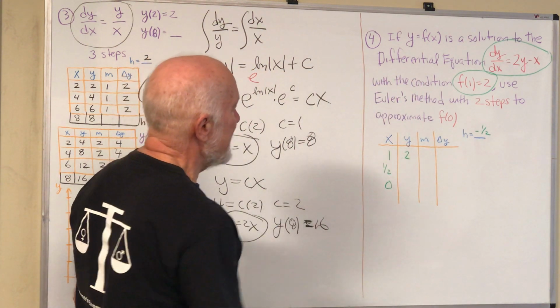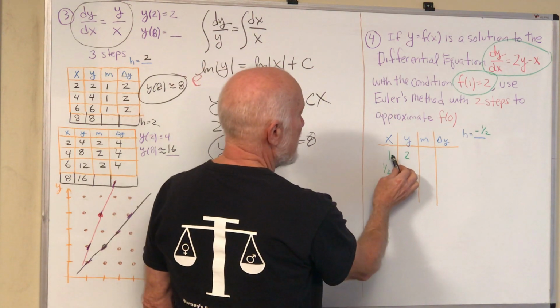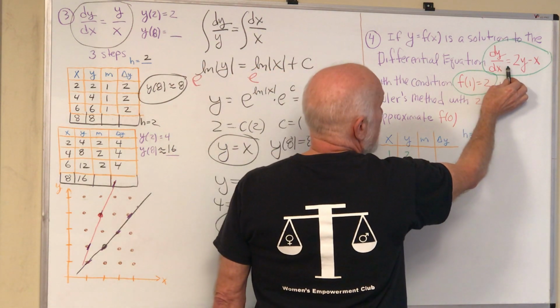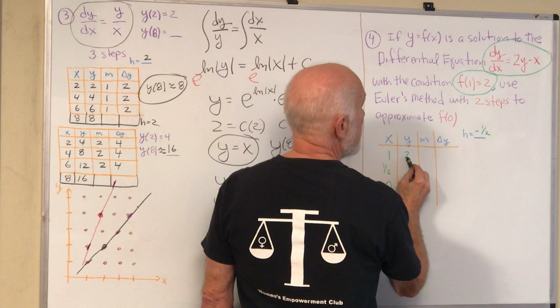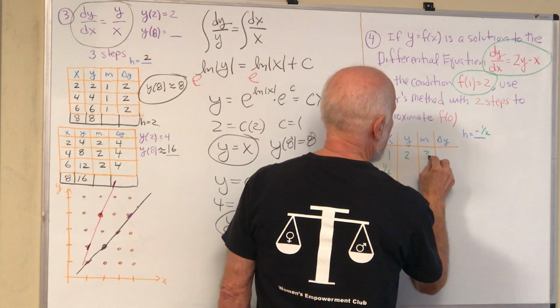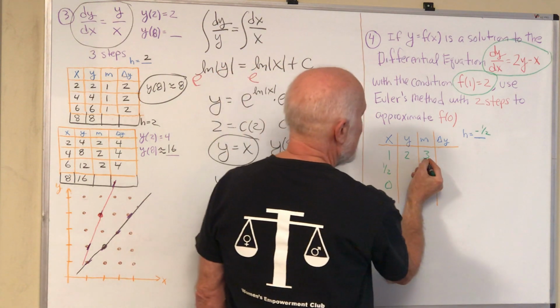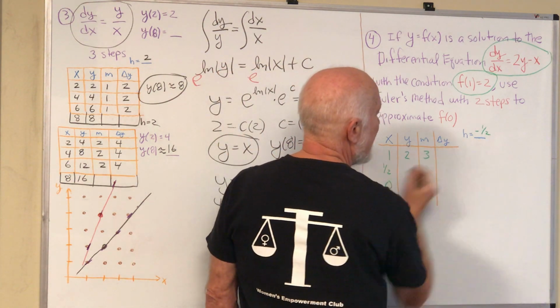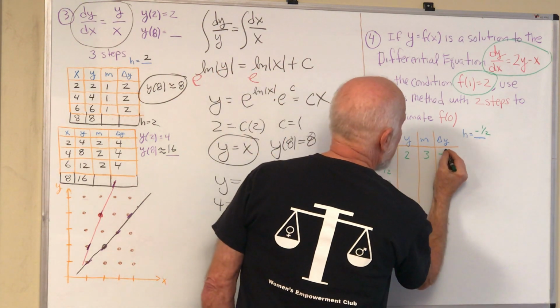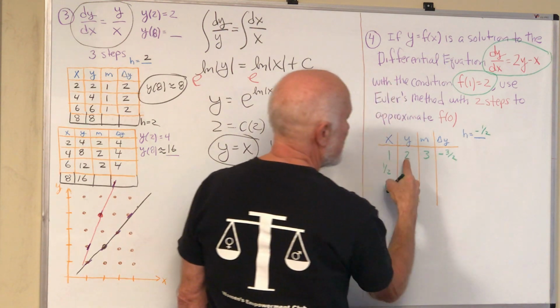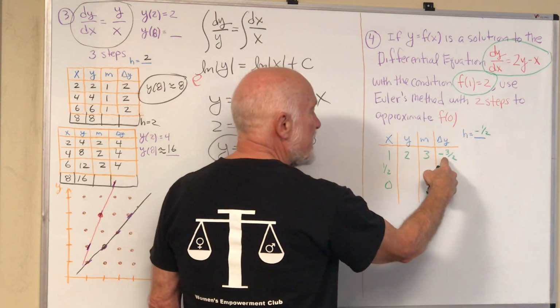So let's try it. Put the point 1, 2 into the differential equation. 4 minus 1 is 3. 3 times negative 1/2 is negative 3/2. So it was at 2, it's going down.